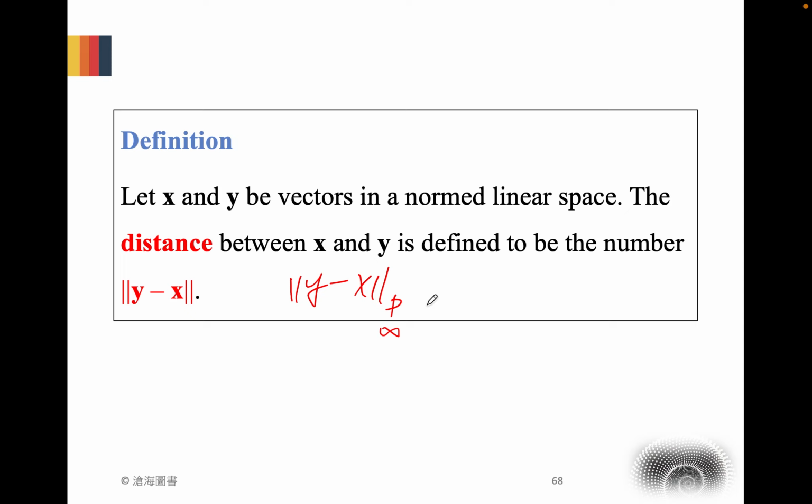In research, we usually use different kinds of norms to define the distance between two vectors. If you are interested in this, you can study more in the future, like image classification or many topics related to measuring the distance between two vectors.